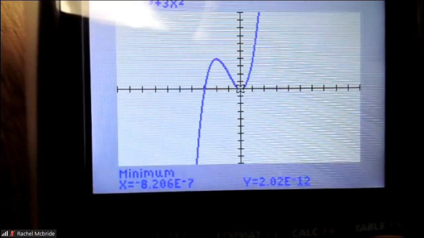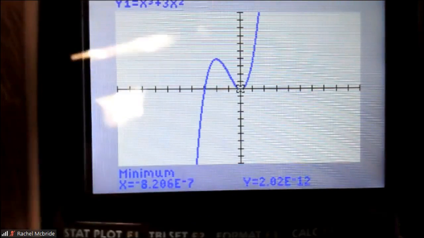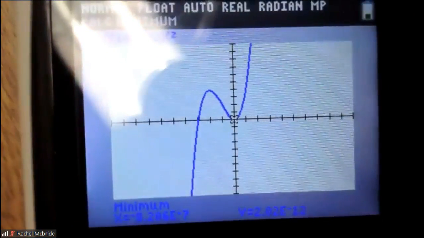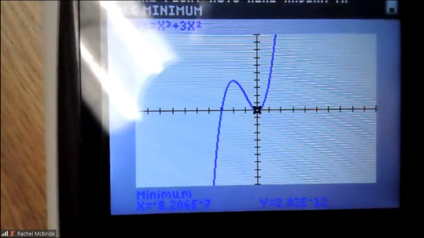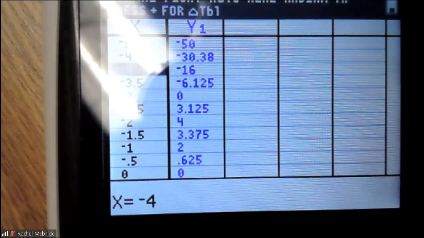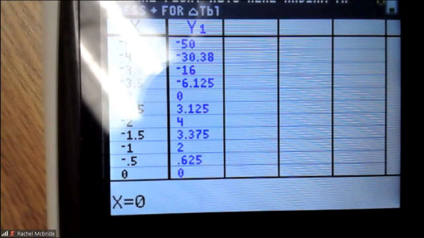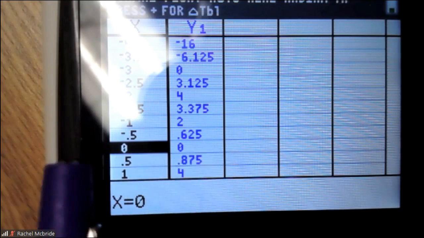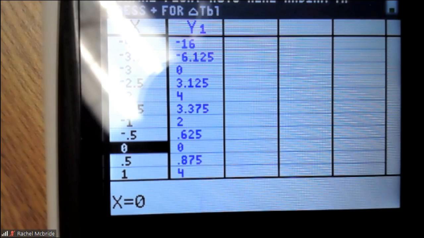And when you get these -e to the 7s and -e to the 12s, that's your calculator finding 0, 0. So our calculators have a hard time with 0, 0 sometimes. But anytime you have like -e to the 7, -e to the 12, it represents 0, 0. And again, if you go to your table, you can see that we have the point 0, 0. So I have a 0 at 0, 0, as well as a min at 0, 0.